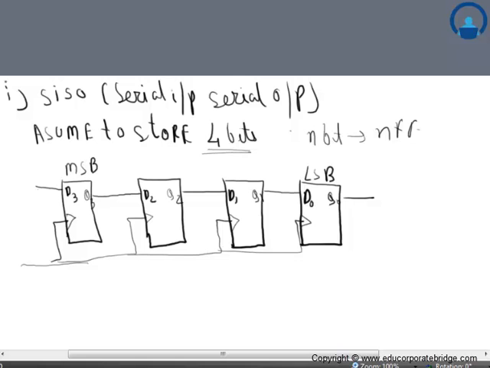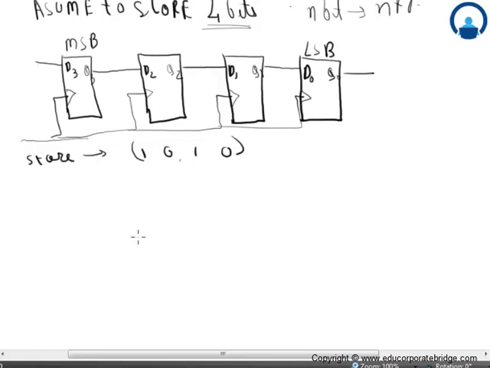Now let us assume that we are trying to store 1010. Let's see how the clock pulses work and how the state of the flip-flops changes. What is the function of the shift register?